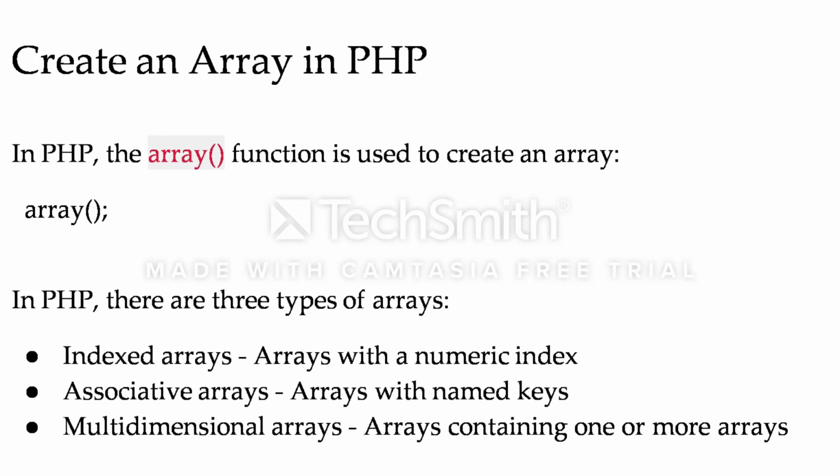Here the array function is used to create an array. There are three types of array. First, indexed arrays, that are arrays with a numeric index. Next, associative arrays, that are arrays with named keys. And last, multidimensional arrays, that are arrays containing one or more arrays.